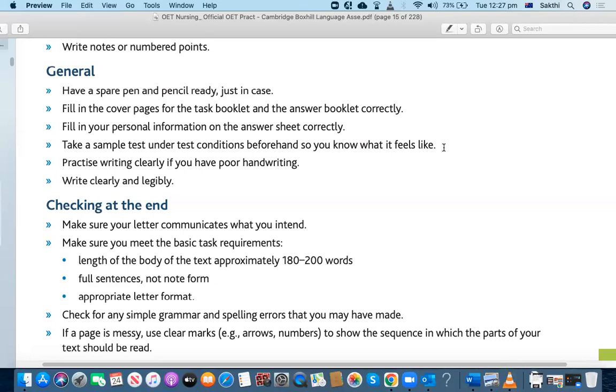As a result, it's going to boost your confidence levels as well, which is critical for your mental ability during the examination. Is that clear with everyone? Yes. So please practice in the examination setting.